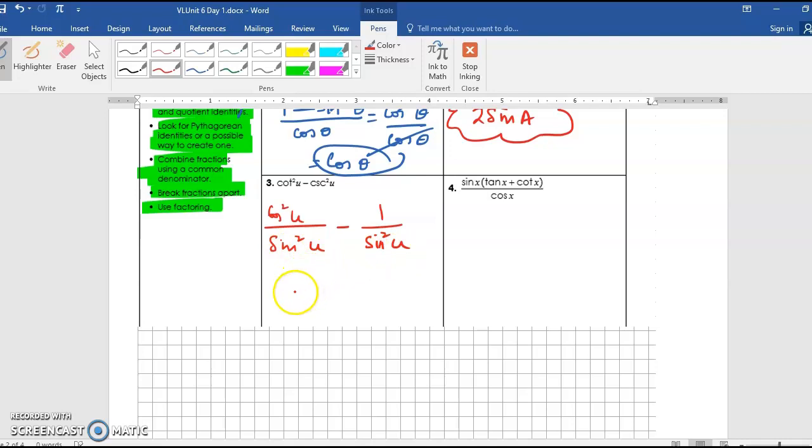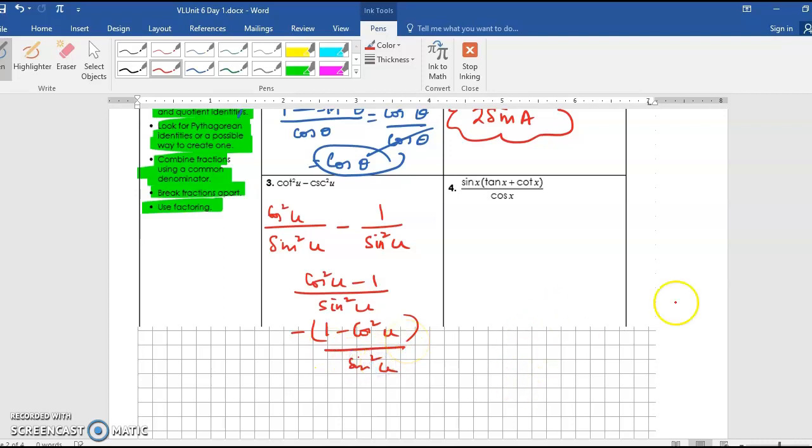Since both the denominators are same, I can write it as sine squared u, and here this is cos squared u minus 1, which could also be written as negative of 1 minus cosine squared u, right?